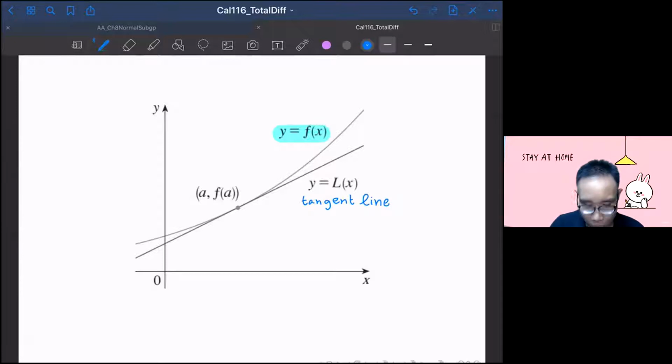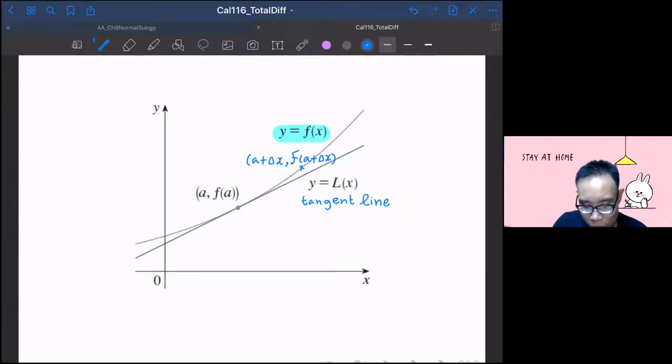If you wish to find the approximation at the point a + Δx, f(a + Δx), you wish to find the approximation at this point.